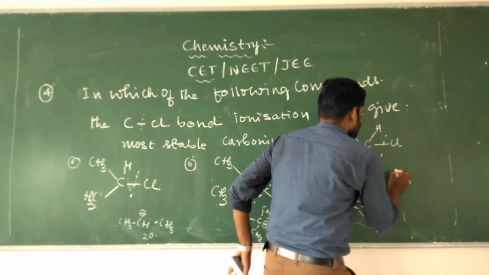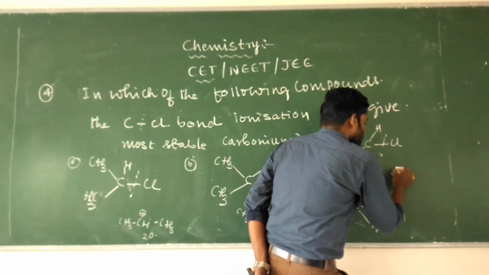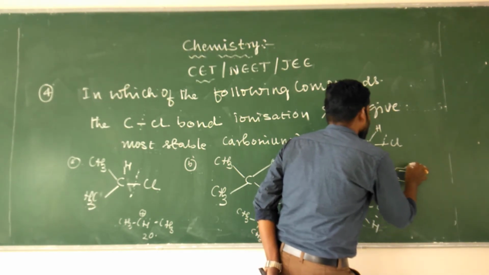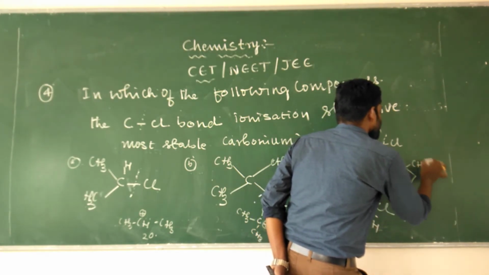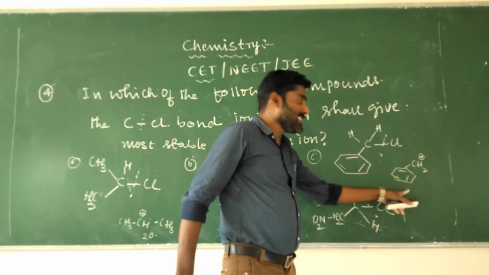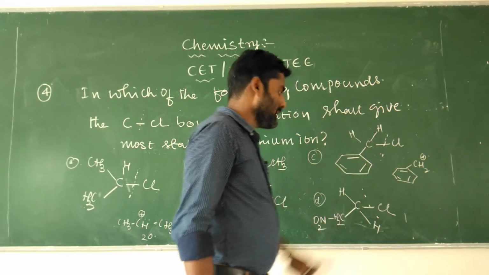And in option C, after breakdown of the carbon and chlorine bond, C6H5CH2 plus, the benzyl carbocation, is formed.